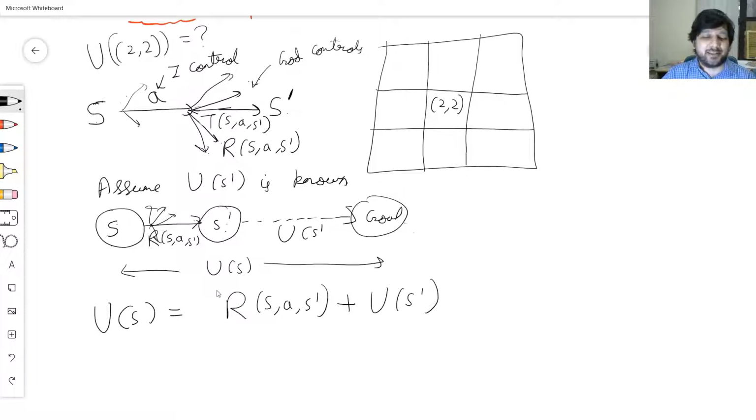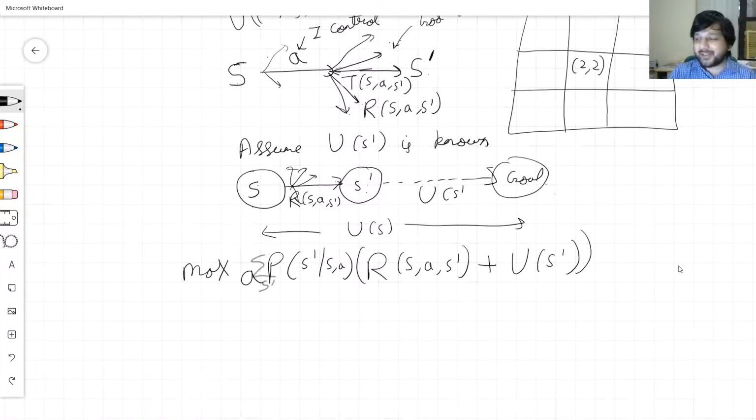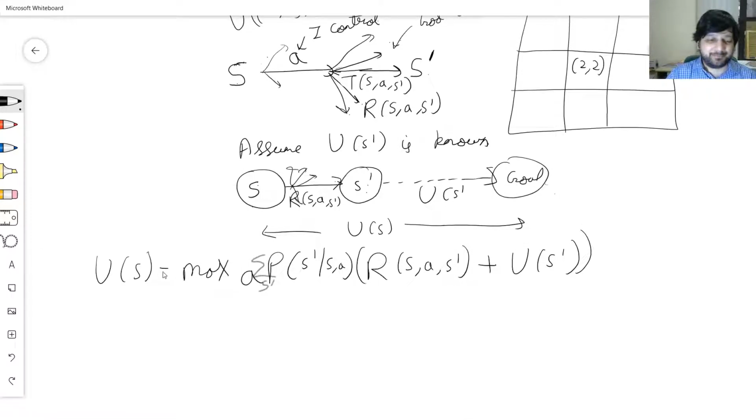God controls these moves, so this is multiplied by the probability of getting to S dash given S, A. And how do I get A? I control the action, so it's maximized over all the actions. And this is what I define as the utility of S.